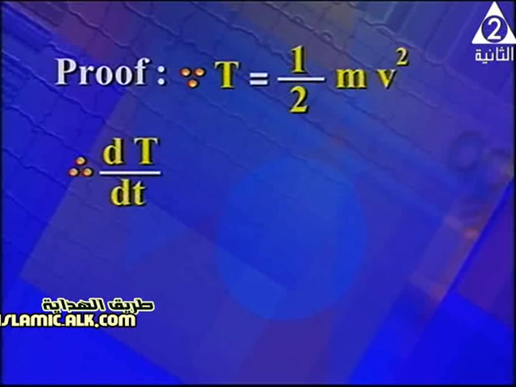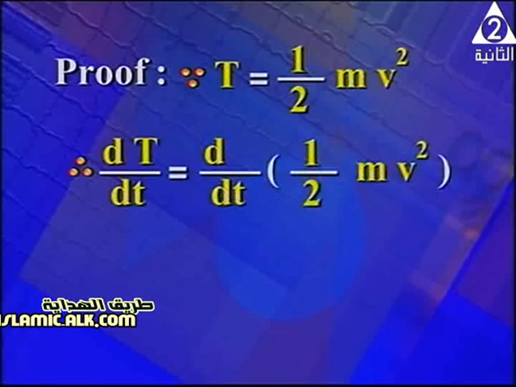By using calculus, differentiating the left-hand side and right-hand side with respect to time t, dT over dt equals d over dt of half m v squared.